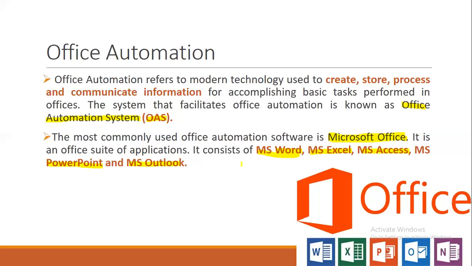And each of these software is specialized in one main thing. For example, we use MS Word to create different types of documents. MS Excel is used for the mathematical work and for the calculations.